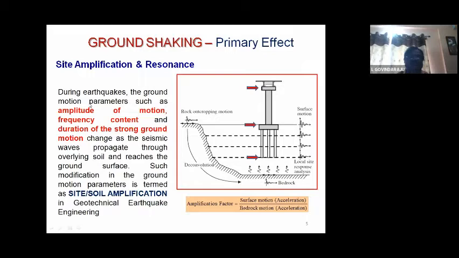During earthquakes, the ground motion parameters such as amplitude of motion, frequency content, and the duration of strong ground motion change as the seismic waves propagate through overlying soil and reach the ground surface. So this modification in the ground motion parameters is termed site amplification or soil amplification in geotechnical earthquake engineering.